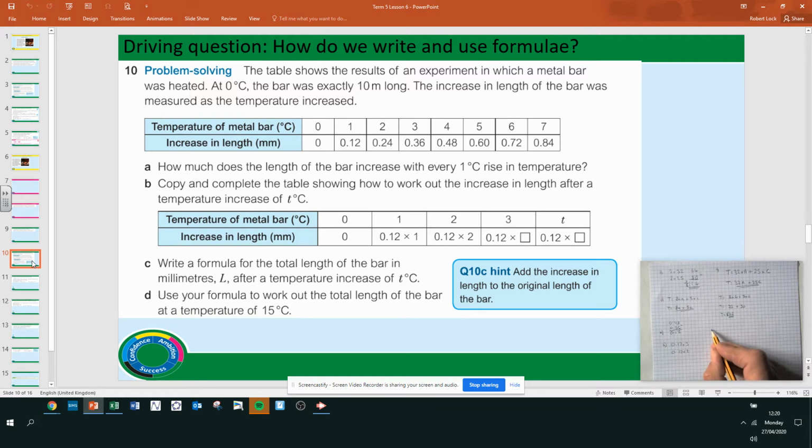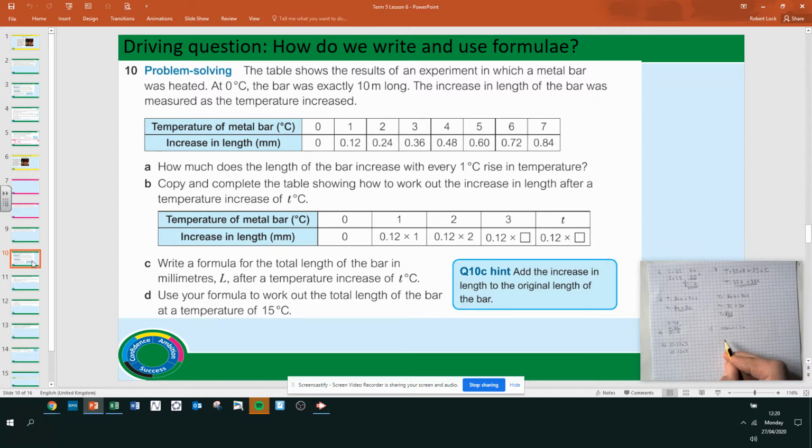Question C. Write a formula for the total length of the bar in millimeters, L, after a temperature increase of T degrees Celsius. Millimeters. How many millimeters in a meter? There's 1,000 millimeters equals 1 meter.